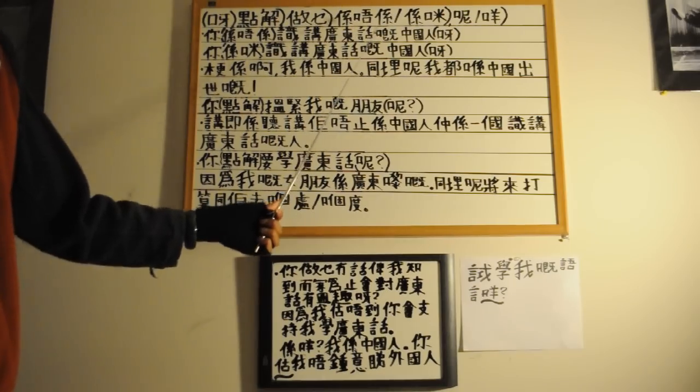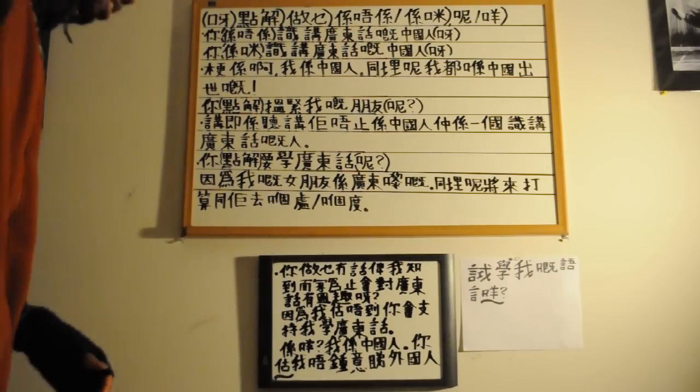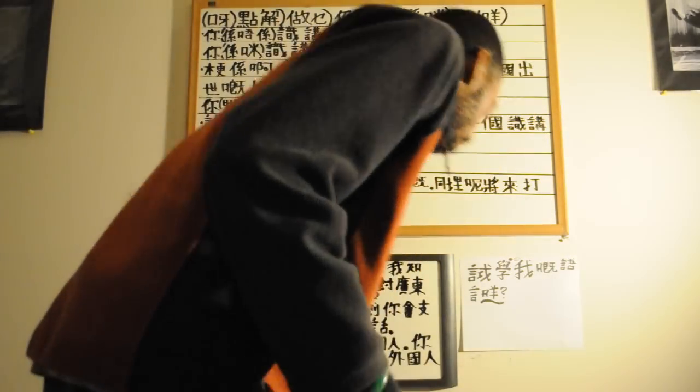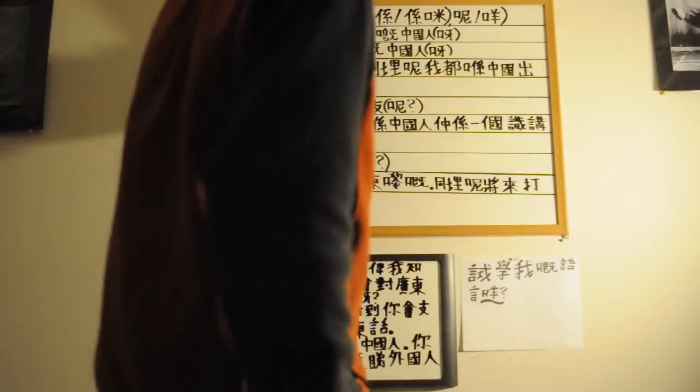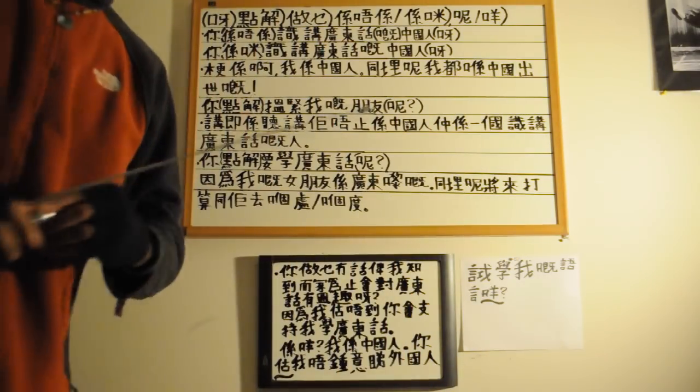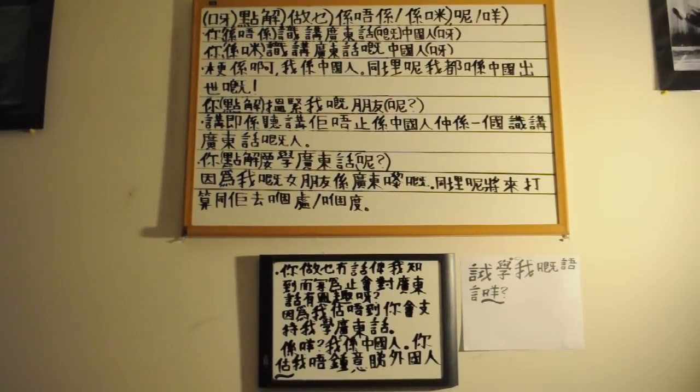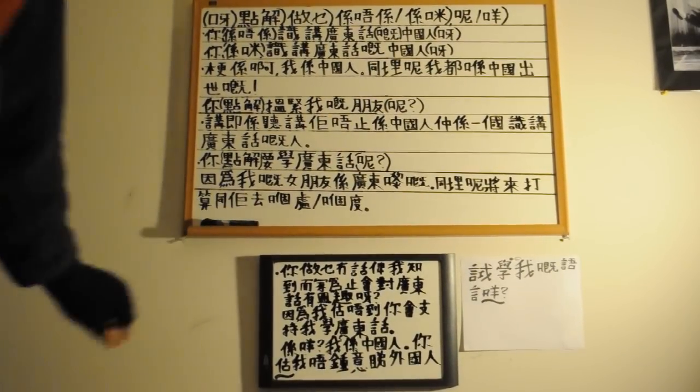So this ge here, which I should have put in parentheses, is used as a possession. So it's like a Chinese person of a speaker of Cantonese, or something like that. The ge is the possession.